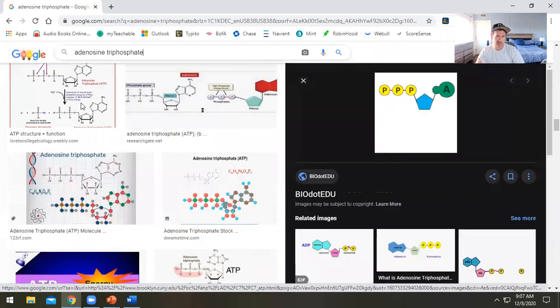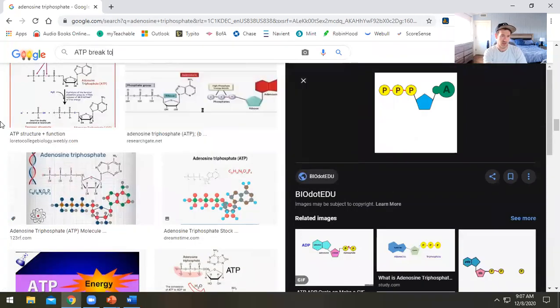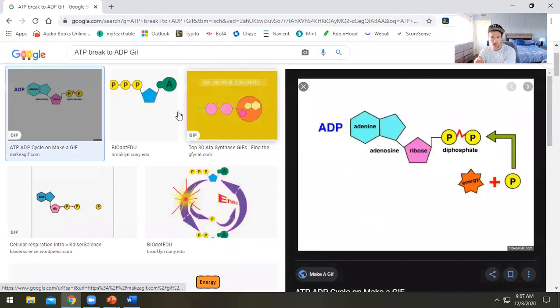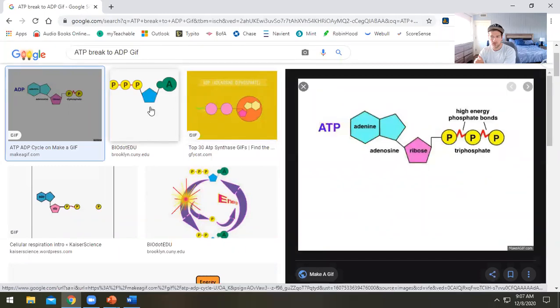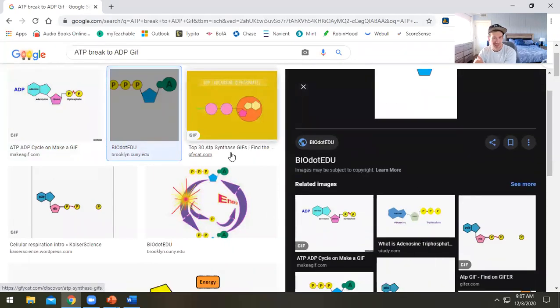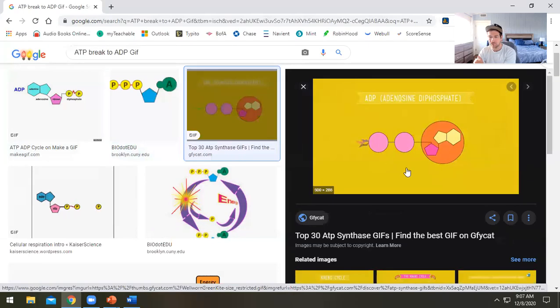Let's see here. Break to ATP. So it kind of looks something like this if I've got it doing what I want it to do. Oh, it's the other way around. I don't want to reconstitute it. I want to break it. Close, internet, close. Here we go.